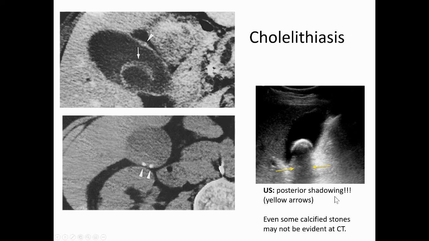What is very diagnostic is not only this hyperechoic lesion, but the posterior shadowing behind it, because the ultrasound waves cannot get behind calcified lesions or bones, and so that's why you see this posterior shadowing, which is completely different than the posterior acoustic enhancement that I talked about when I talked about cysts. So please do not mix the two.